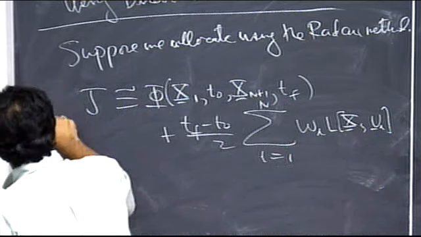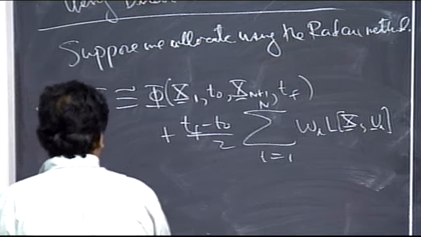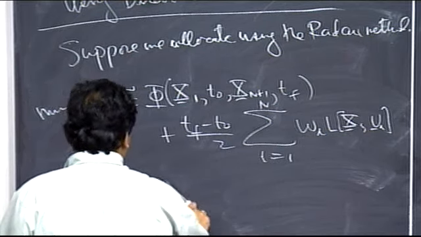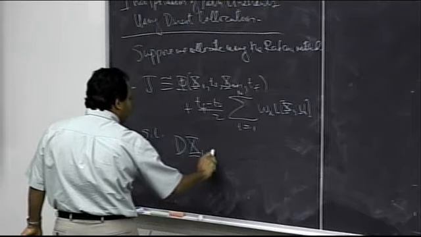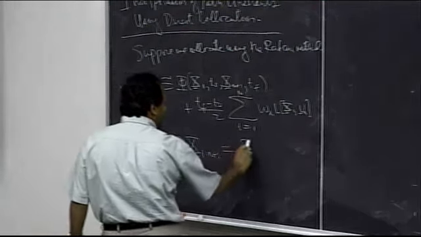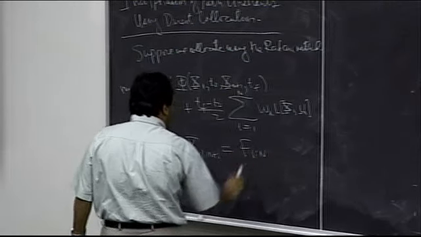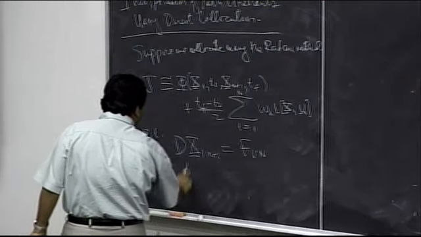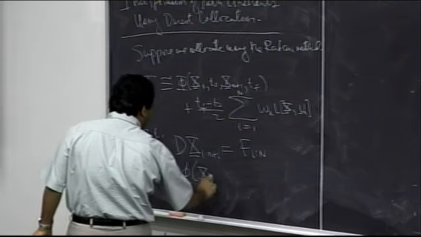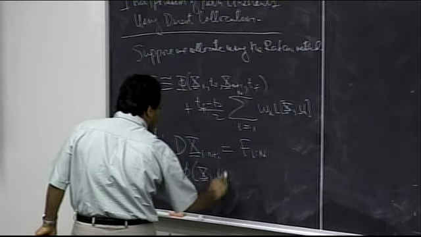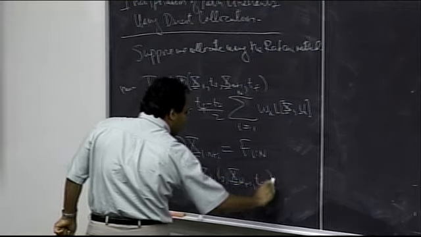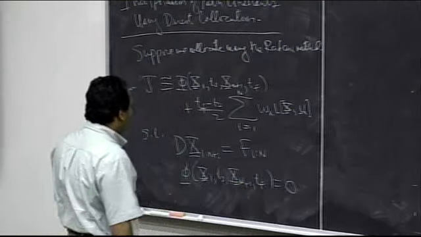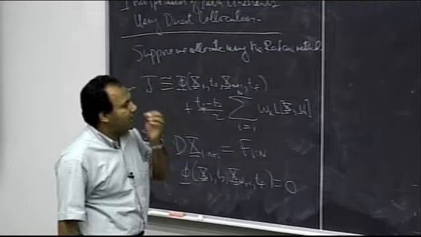I'm trying to minimize this, and my dynamics, or the algebraic constraints that result from my dynamics, are D times x_1 through x_{N+1} equals f_1 through f_N. I may have a boundary condition that looks like this: phi of x_1, t0, x_{N+1}, tf equals 0, right? Now, how would I incorporate path constraints into this?